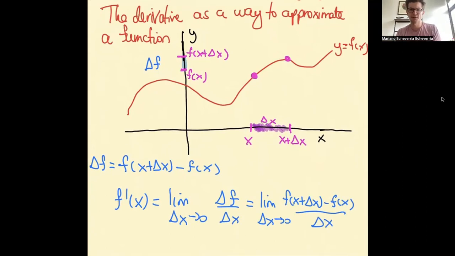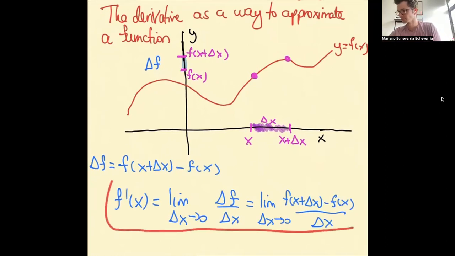Again, there are many different ways to write the derivative in terms of a limit, but this is one of those ways. Is that making sense? So far so good.